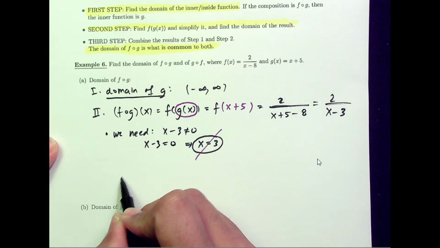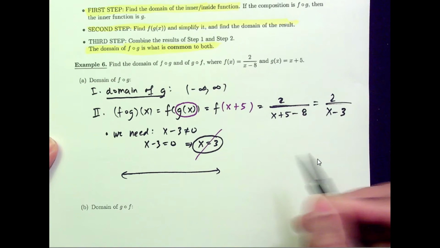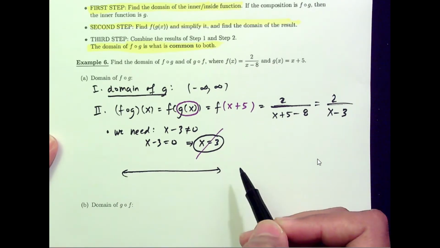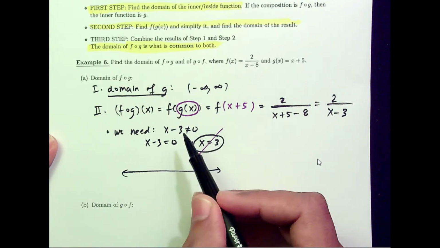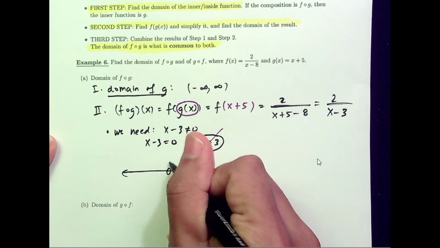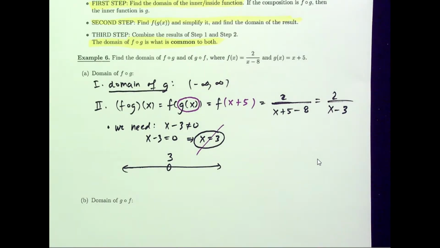So let's draw a line. From the first part, we are allowed to use everything. But from the second part, we're not allowed to use 3. So 3 needs to be discarded, and what remains, everything that was not discarded, is our answer.